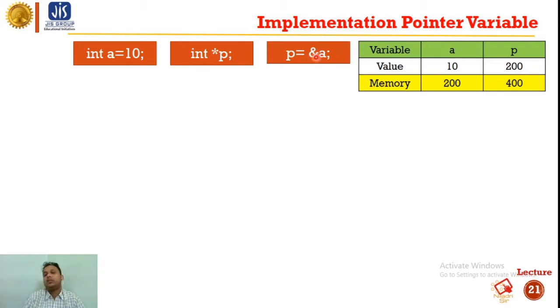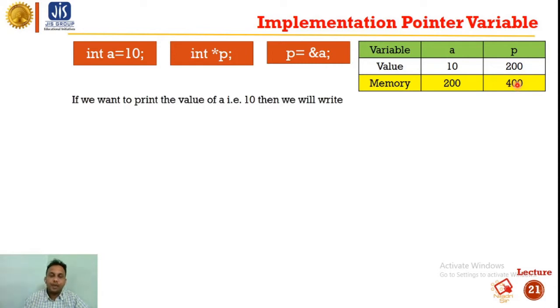That means p can store the address of a. So there are two variables a and p. The value of a is 10 and the address of a is 200. So as we know that p can store the address of a, that means 200. So the value of p is 200 and the address of p will be 400. Actually we will assume it.